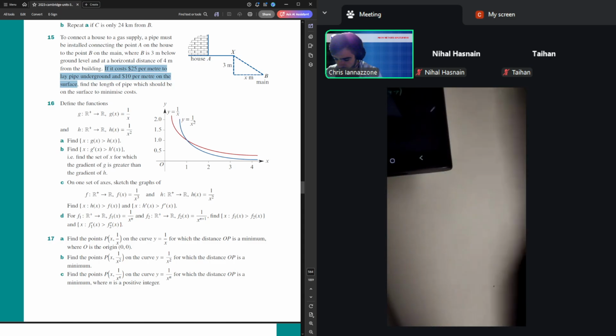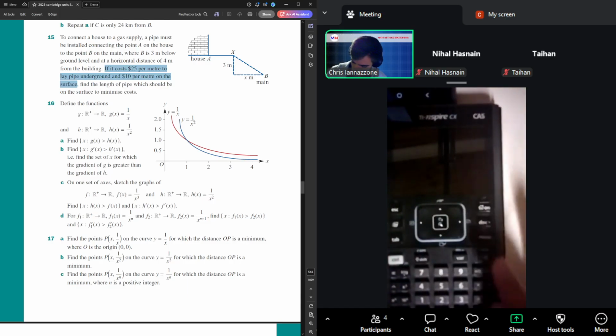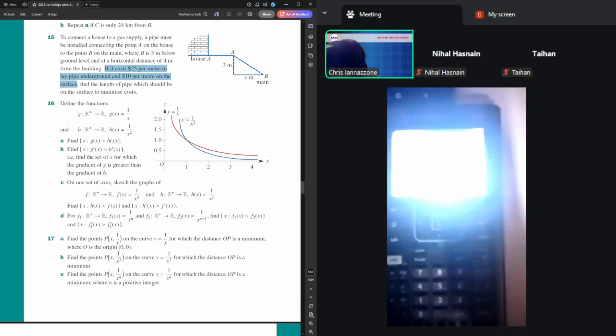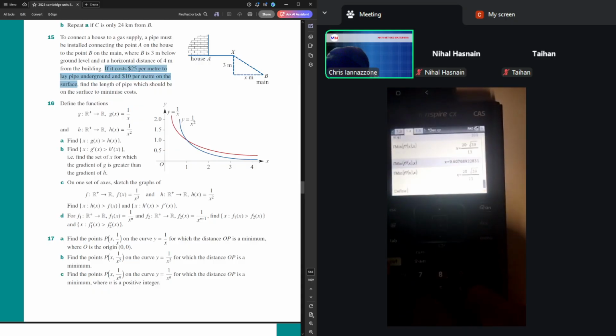That's going to get us our final cost equation, which I'll start plugging into the CAS now. Function is equal to 10 bracket 4 take x plus 25 root 9 plus x squared.